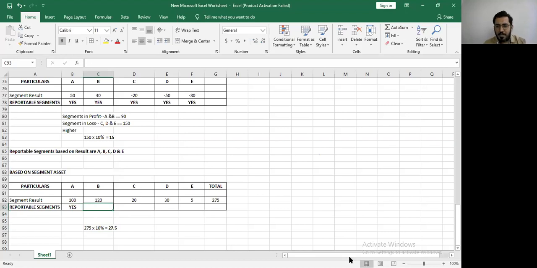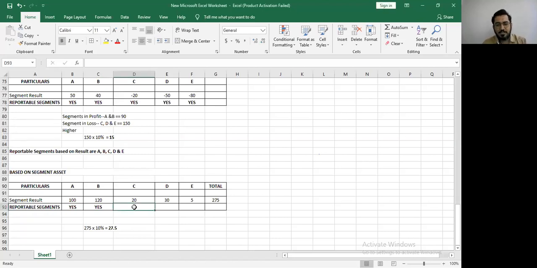What about segment B? Is segment B reportable? Of course, yes, segment B will also be reportable since it satisfies the 10% criteria. The 10% criteria wants to have 27.5, but you have 120. So, of course, this criteria is satisfied.